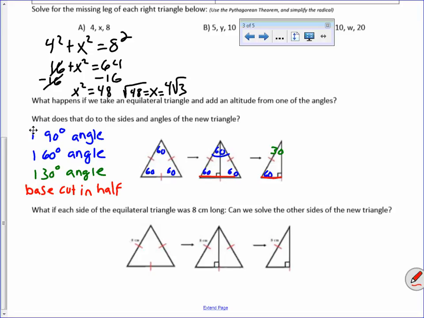Now, just like we did in the other example with cutting a right triangle or making a right triangle from a square, now we're looking at an equilateral triangle cut in half, and they're giving us 8 centimeters for the length of the side.